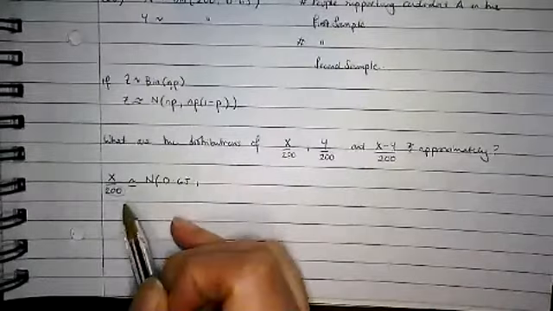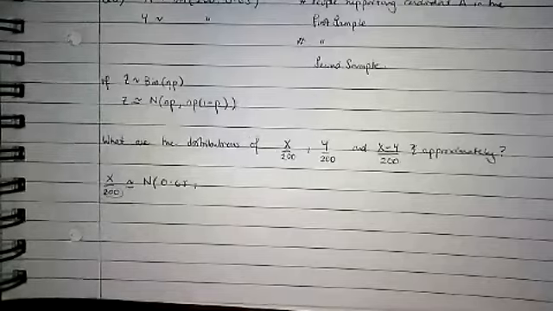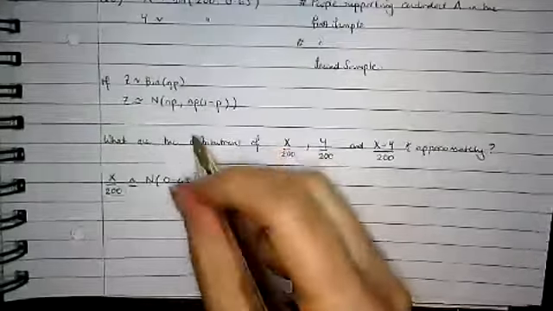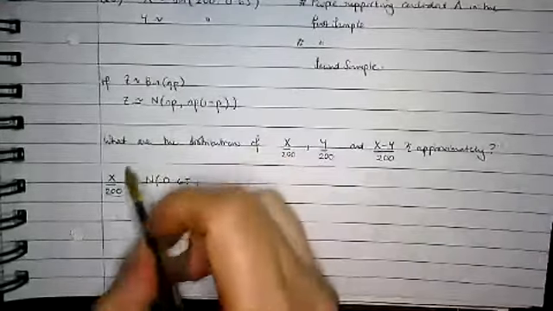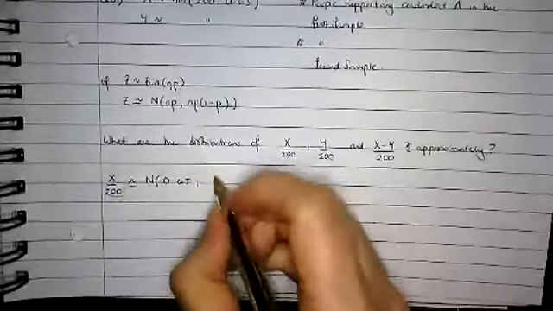And then for the variance, if I have a random variable multiplied by a constant, then the variance of that new random variable has to be multiplied by the square of the constant. So again, I'm going to have this format for the distribution of X, and then I'm going to need to rescale because of the divide by 200.